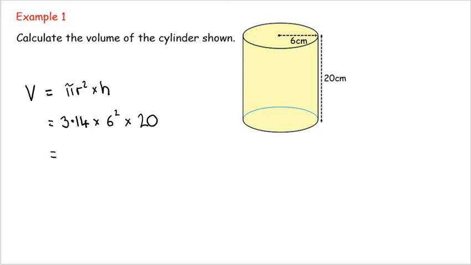So I've got this big calculation here, but in any of these questions, they'll just be calculator questions. All you need to do is take your calculator and type it in exactly as it is there. So 3.14 multiplied by 6 squared multiplied by 20.